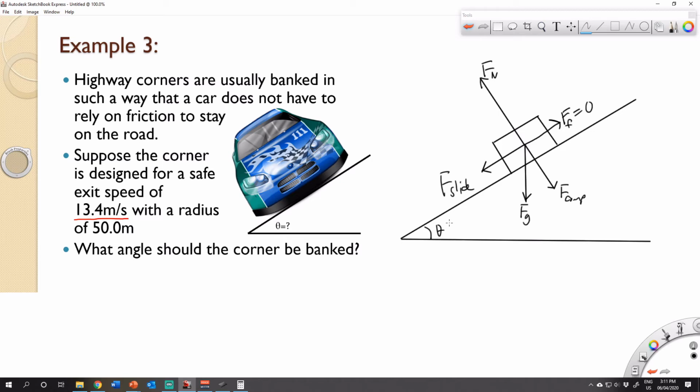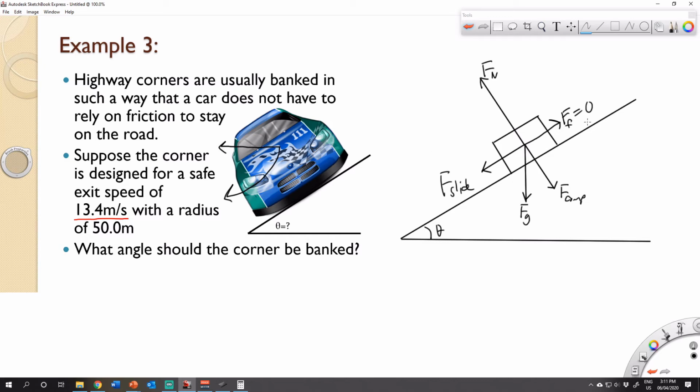Now, if this was just an inclined plane and the car wasn't moving in a circle, this force diagram is perfectly fine. But because the car is going around in a circle, I'll draw it like this. This car is traveling like that. Going around in a circle means there actually is some kind of force pushing this way. Now what is that force?